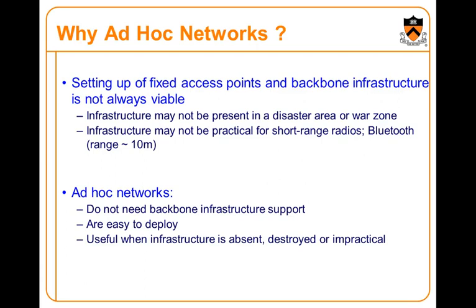Setting up fixed access points and backbone infrastructure is not always viable, while on the other side, in an ad hoc network there is no infrastructure cost. Infrastructure may sometimes not be present in a disaster area, for example a war zone, flood, earthquake, or any natural disaster in that particular area where no infrastructure is there, or sometimes the existing infrastructure may be destroyed.